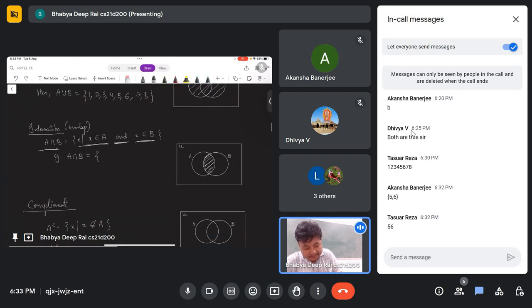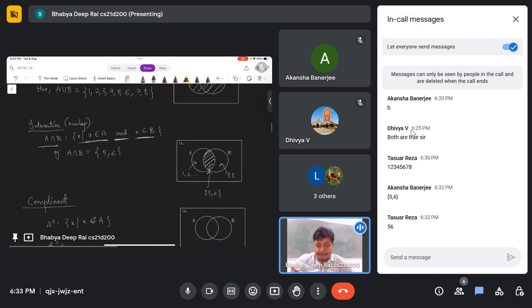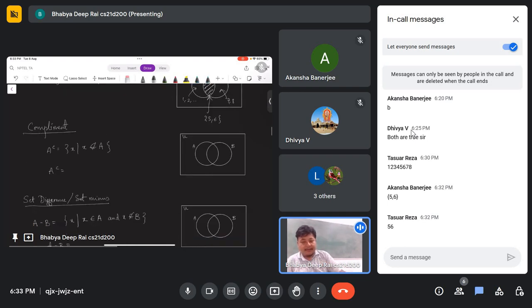So A intersection B is 5 6. 5 6 exists here, and 1 2 and so on, and 7 8 and so on, will be staying in those two different places. Good.